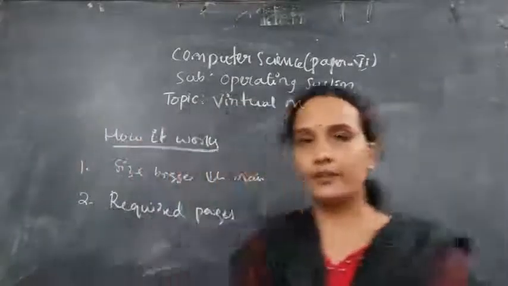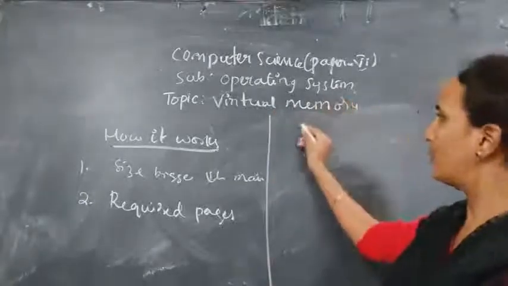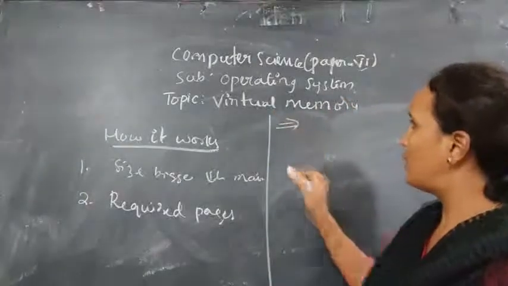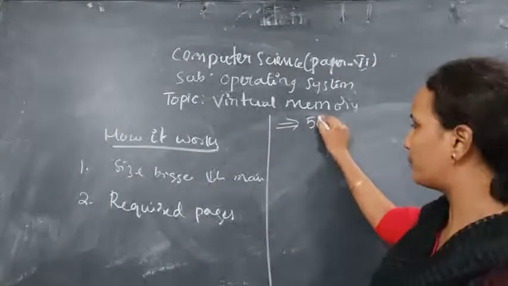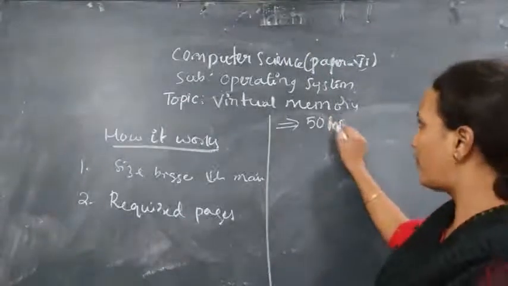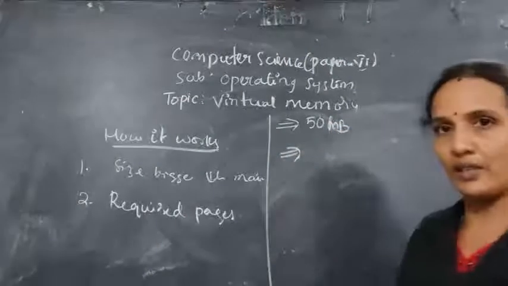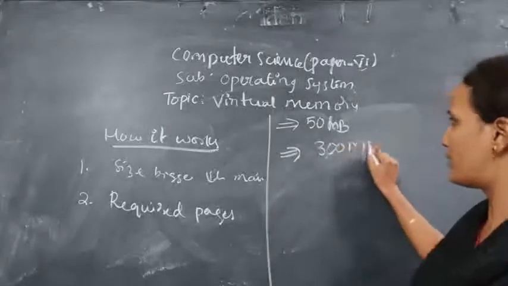Here I'll give you one example. Whatever main memory space is available right now, for example 50 MB. So in the main memory, how much space is available? 50 MB. But the user needs 300 MB for execution.